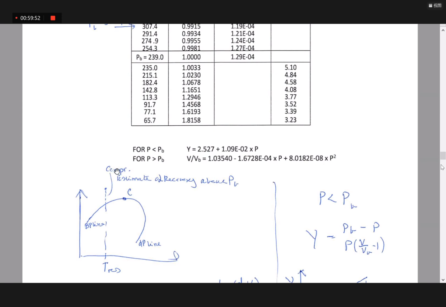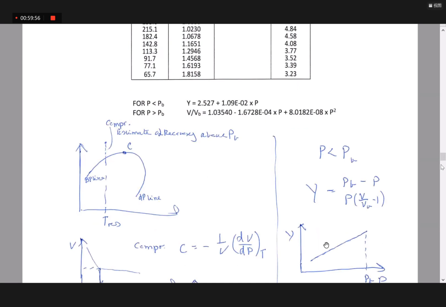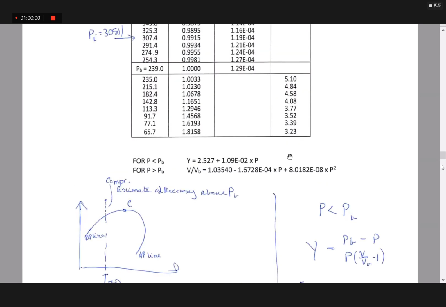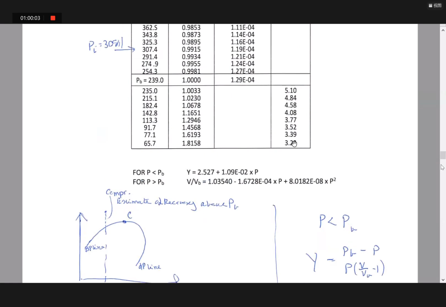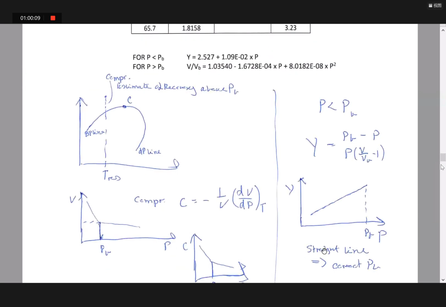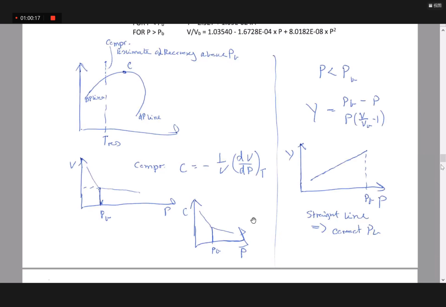Okay, the Y factor is in a way used to evaluate if the fluid sample is a correct sample, not polluted, and it should come out as a straight line. And so it's a quality check, but it's not an absolute quality check.